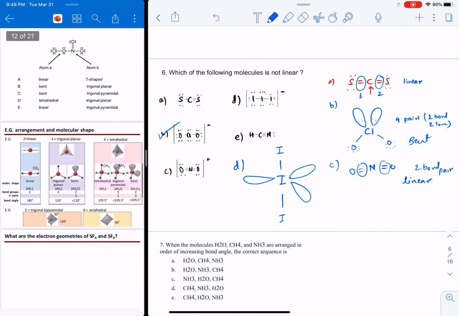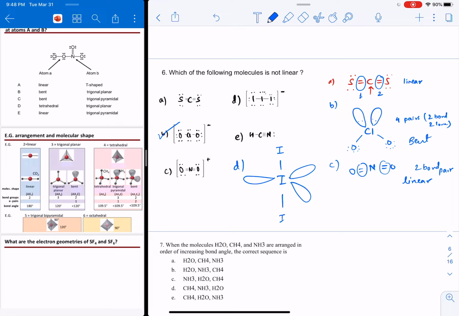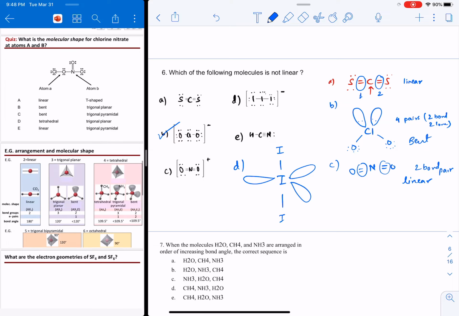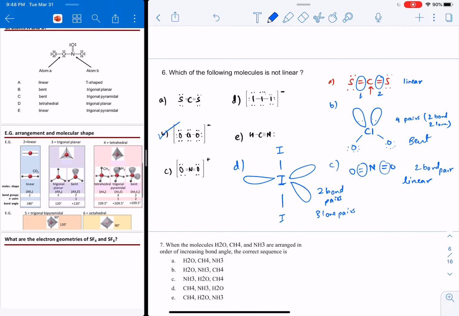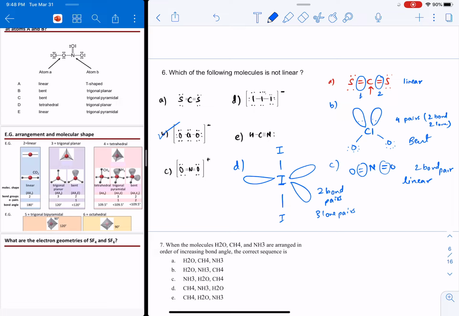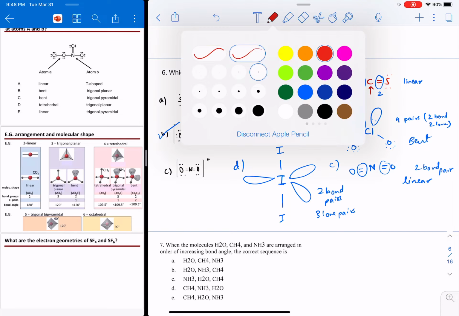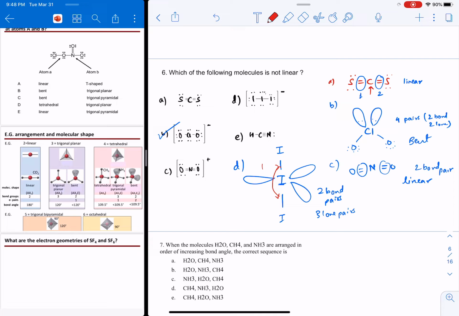For 5 it's trigonal bipyramidal. I don't have that in my slide here, but if you see in iodine structure, it has 5 pairs, that is 2 bond pairs and 3 lone pairs. And for that structure you have trigonal bipyramidal, you can see for the 5, and this I bonding is creating an angle of 180 degrees. They're totally in opposite direction, so this will be linear.